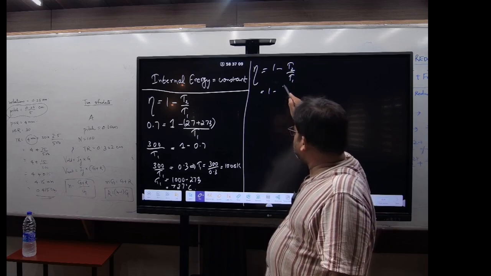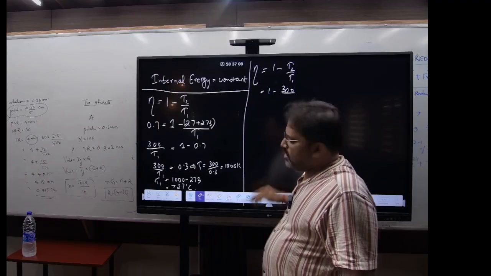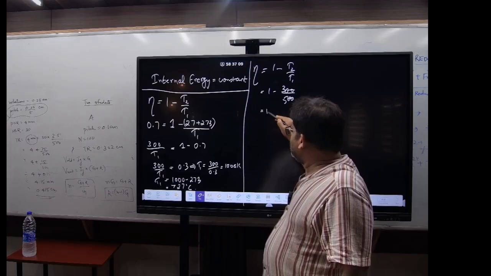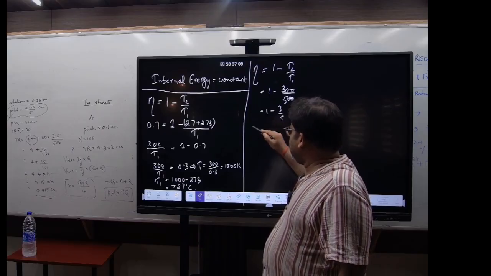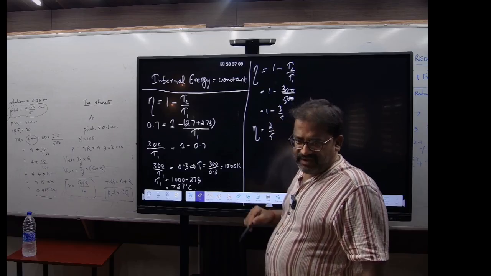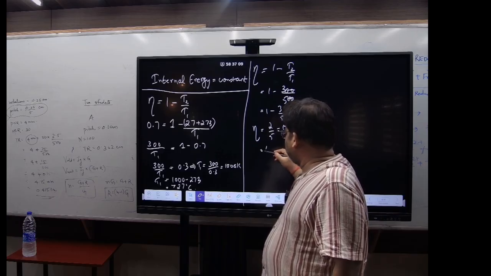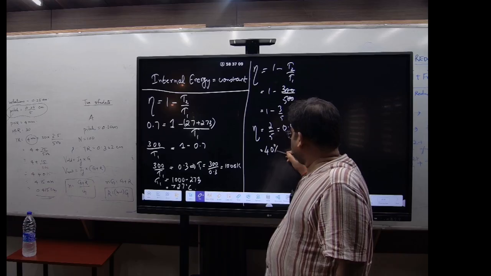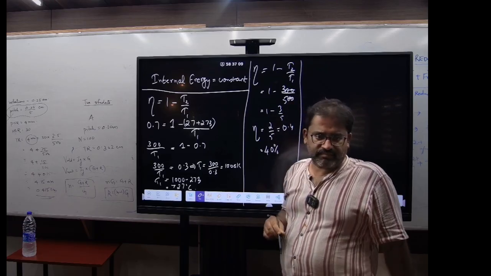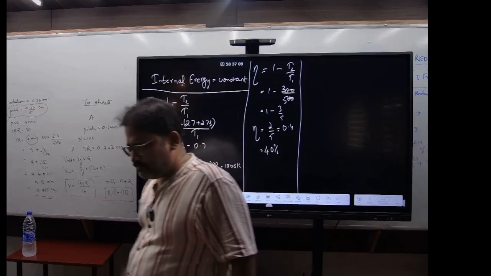Lower value means it should be 300 divided by 500. So that is equal to 1 minus 3 by 5. That means eta is equal to 2 by 5. 2 by 5 is nothing but we can say 0.4, and 0.4 means 40%. Option 2. Verified.